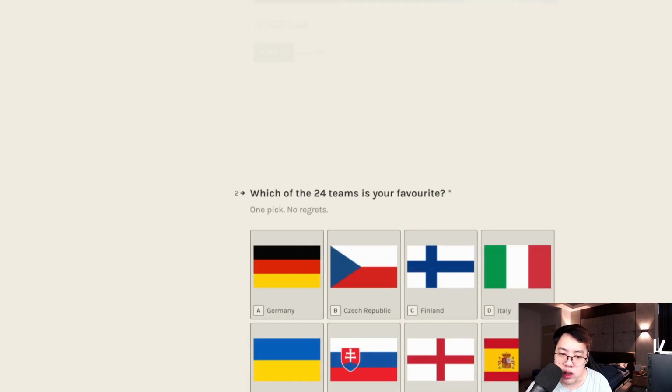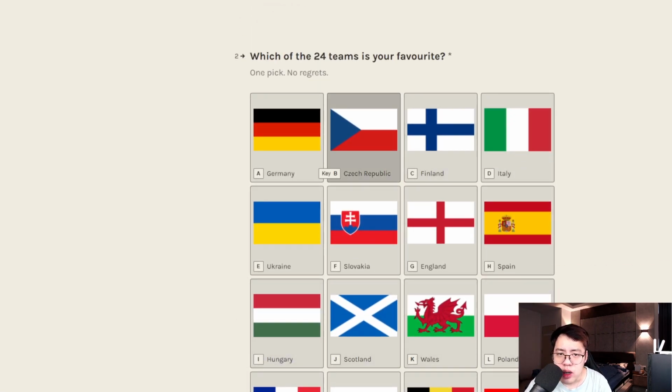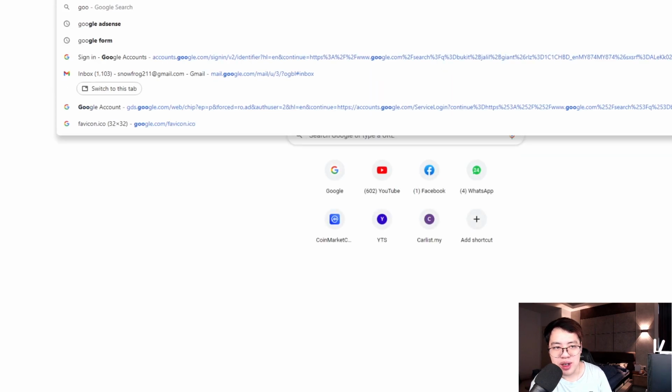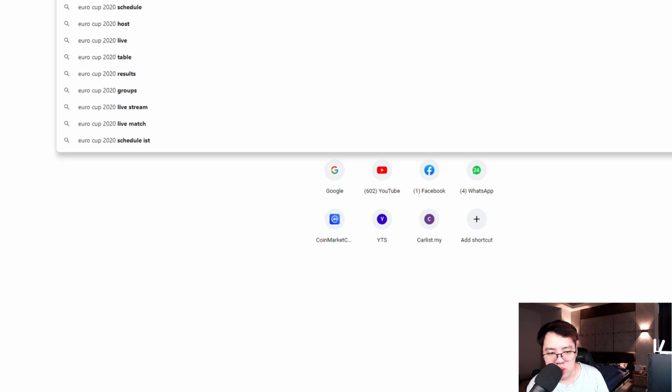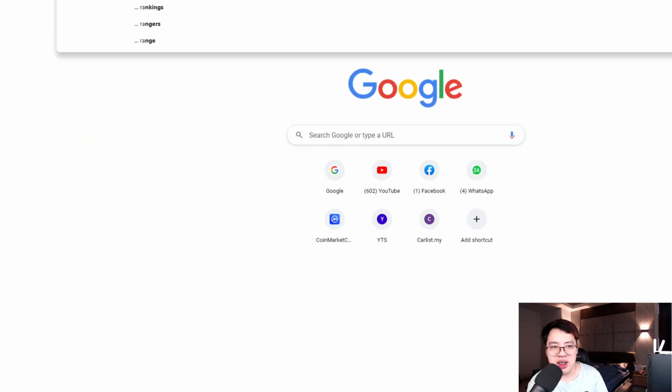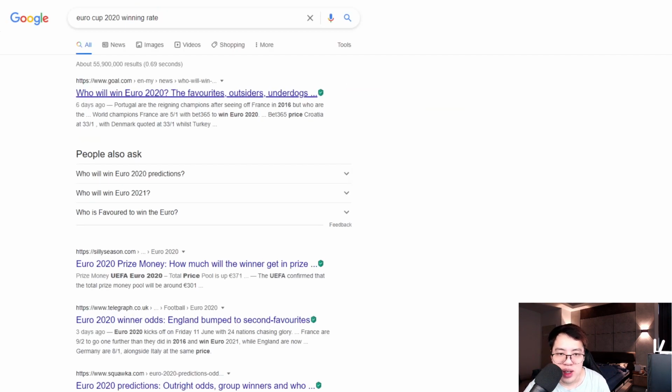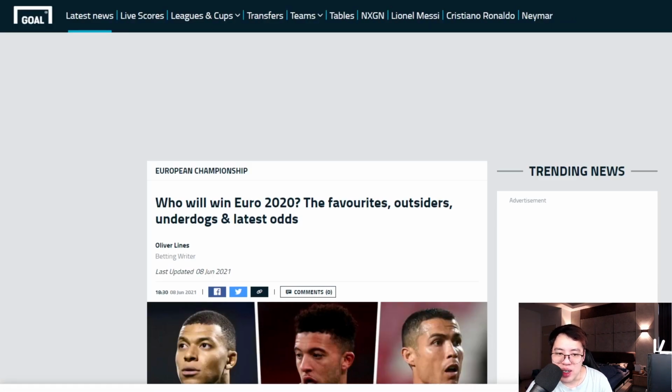So I just click vote, and you're going to have 24 teams to vote for. How do you want to vote? Basically, just select whichever team you think is going to win this Euro Cup 2020. If you don't know who is going to win, maybe you can just Google the Euro Cup 2020 winning odds. Maybe you'll get some ideas of who's going to win.